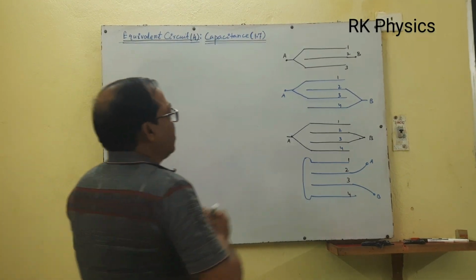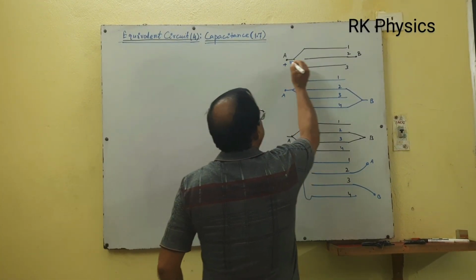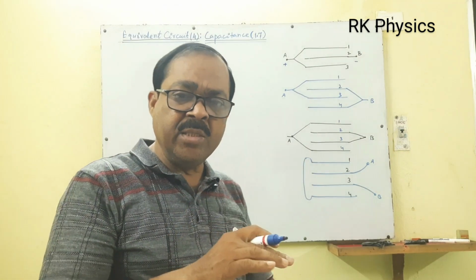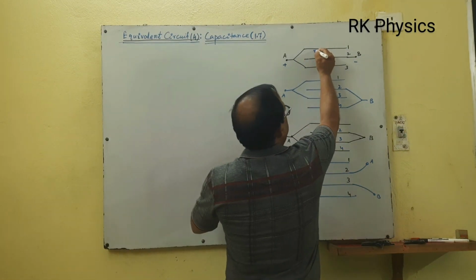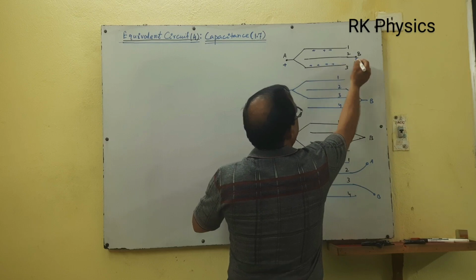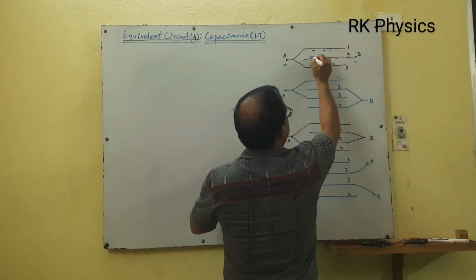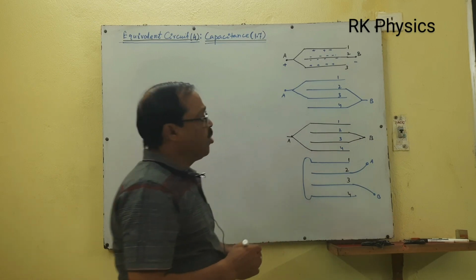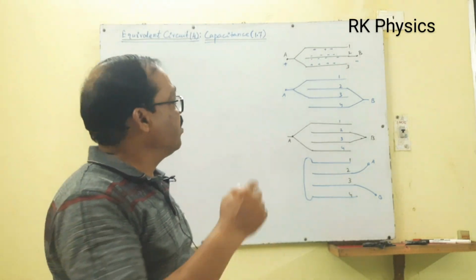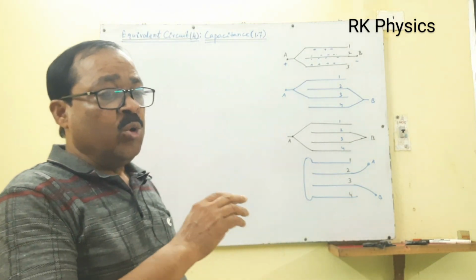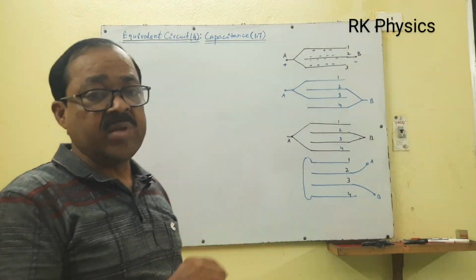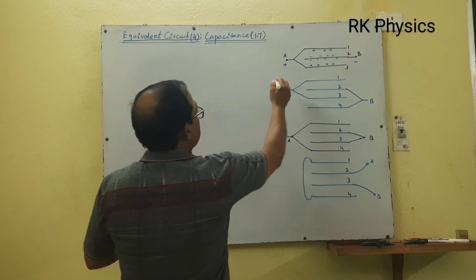Assume either A is positive and B is negative, or the reverse. Then this plate has positive potential, this plate positive potential, and this is minus and this is minus. So there exists a capacitor between 1 and 2, and again between 2 and 3. Plate 2 is common, which means this type of combination is a parallel combination.